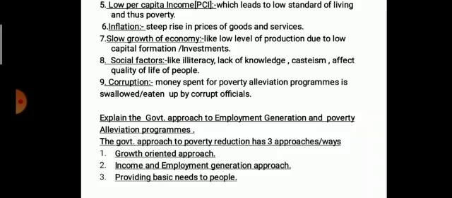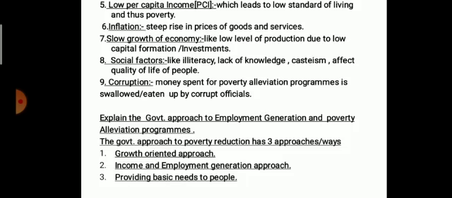Then social factors, eighth one, like illiteracy, which means non-education. Still today 25% of the population as per the 2011 census are illiterate. Okay, this is as per the 2011 census. 24% of the population is still illiterate.